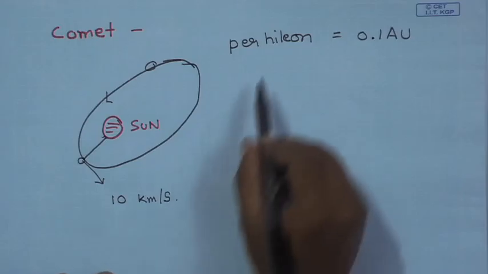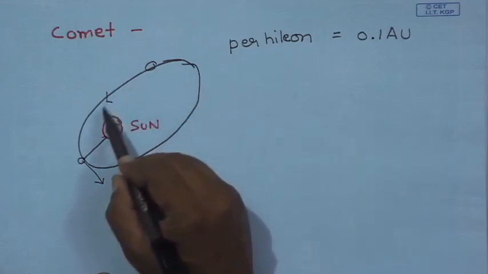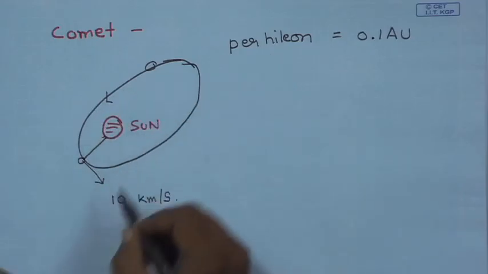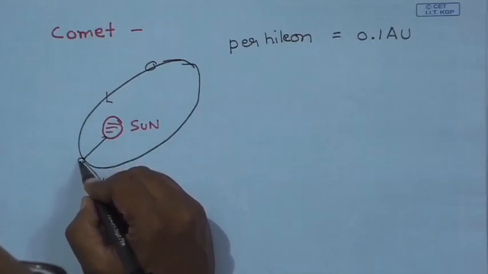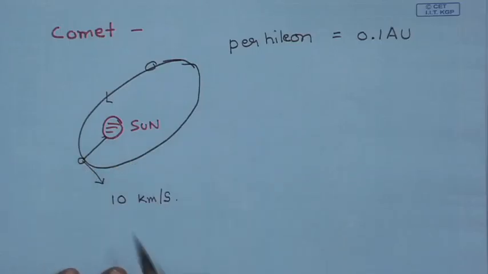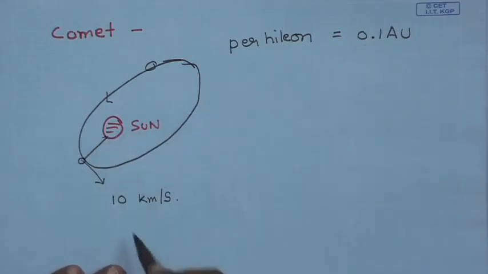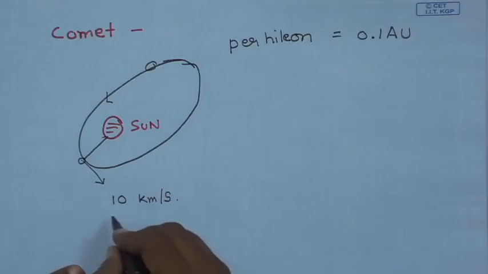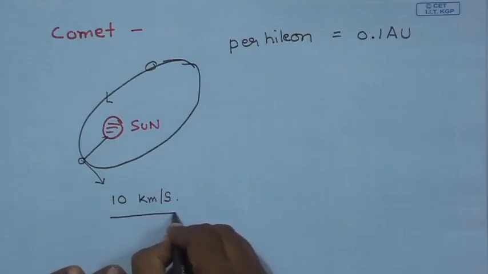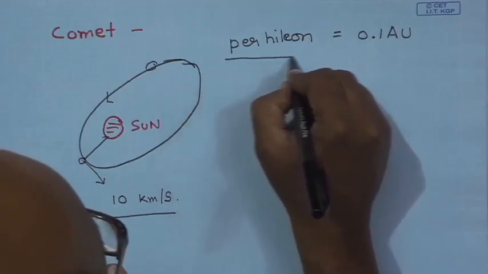So, this is observed. The comet is observed when it is closest to the Sun, when it will be very bright, and what is observed is the perihelion distance, 0.1 astronomical unit, and the speed, 10 kilometers per second. These are the 2 observed quantities for that comet.